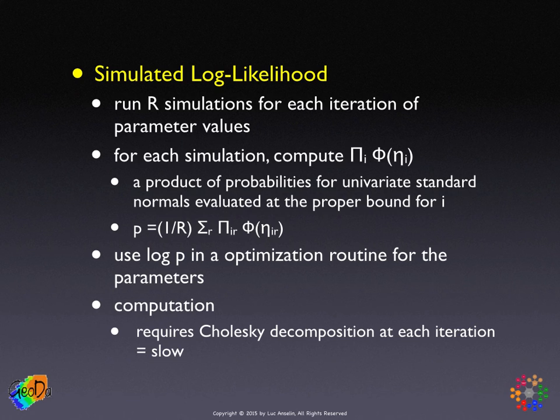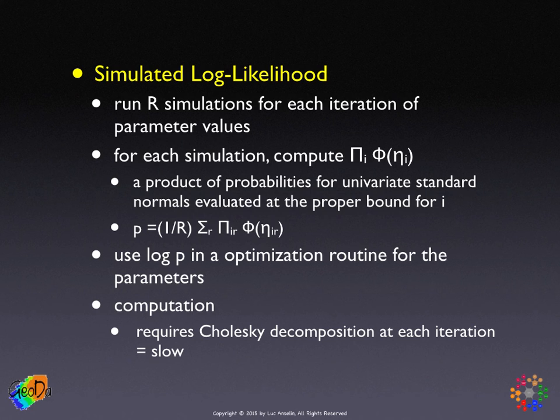Now, this tends to be very slow because for each new value of lambda, the variance-covariance matrix changes, and of course its inverse changes as well, and you have to do the Cholesky decomposition all over again to get your new b's in the triangular matrix, and then you solve this whole process again. So this tends to be very slow.